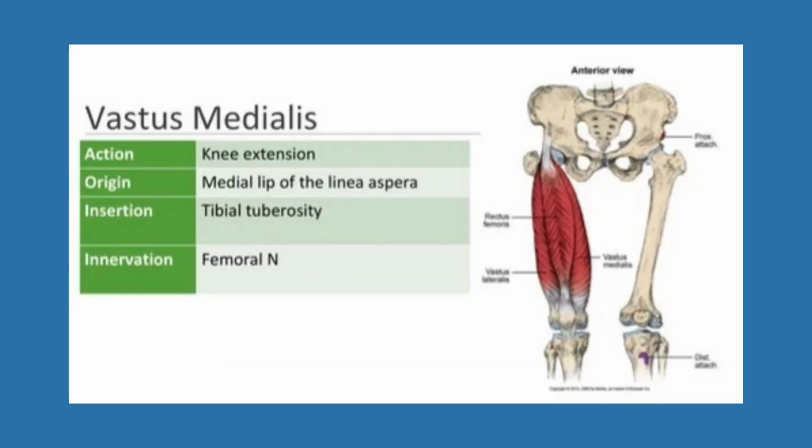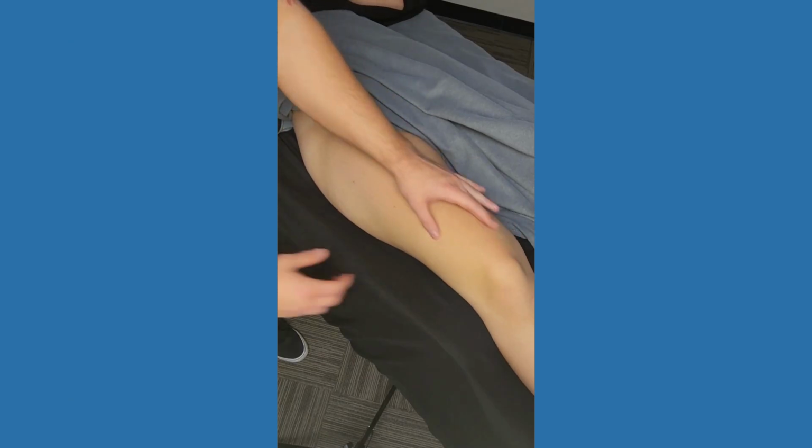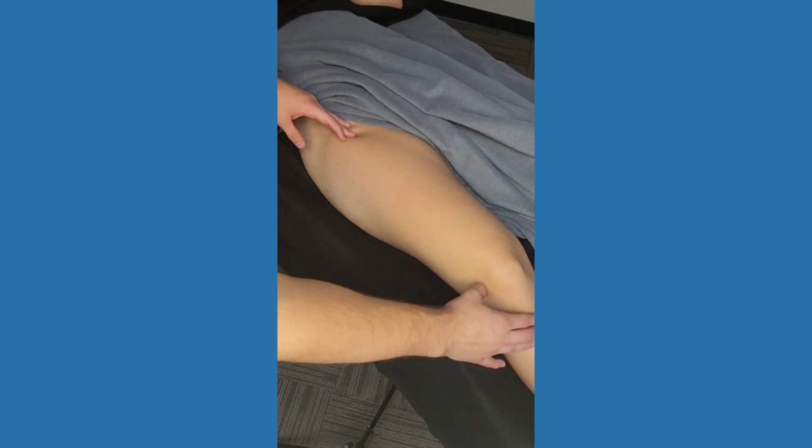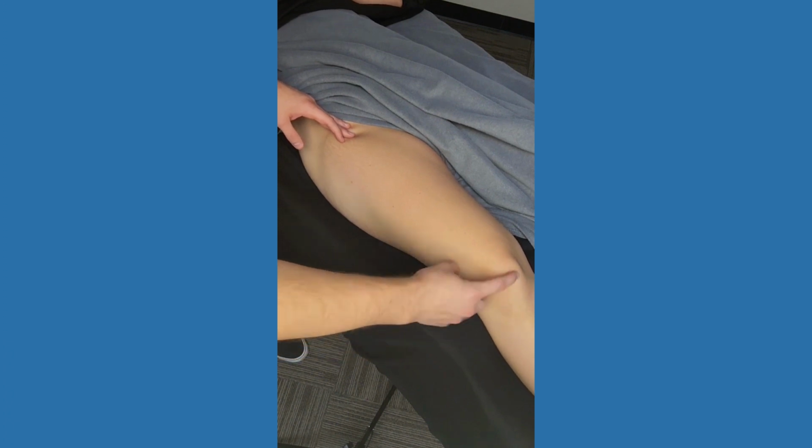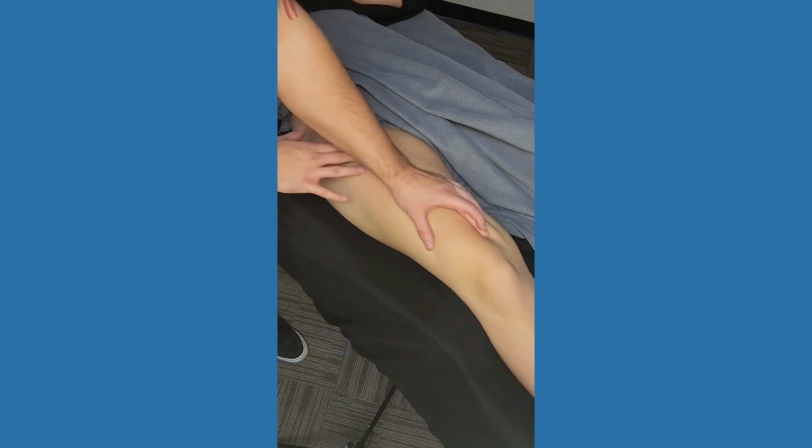Vastus medialis will originate at the medial lip of the linea aspera and will also insert to the tibial tuberosity through the patellar ligament.